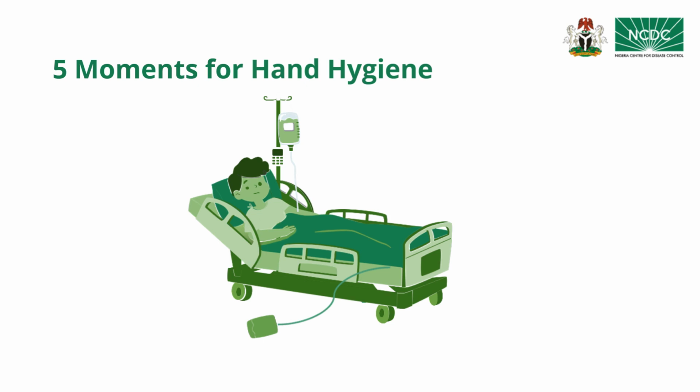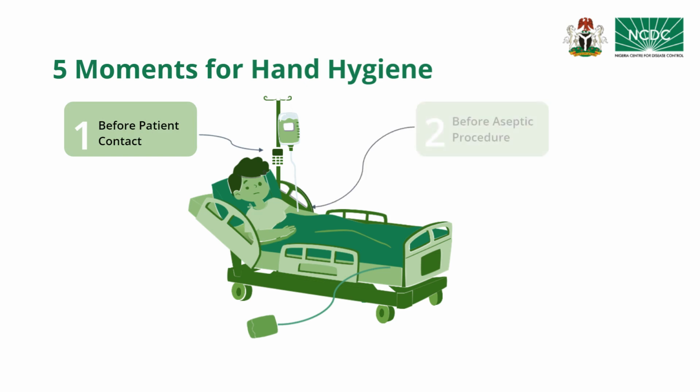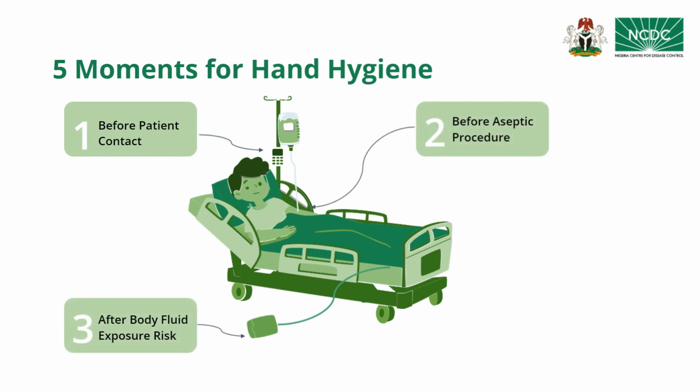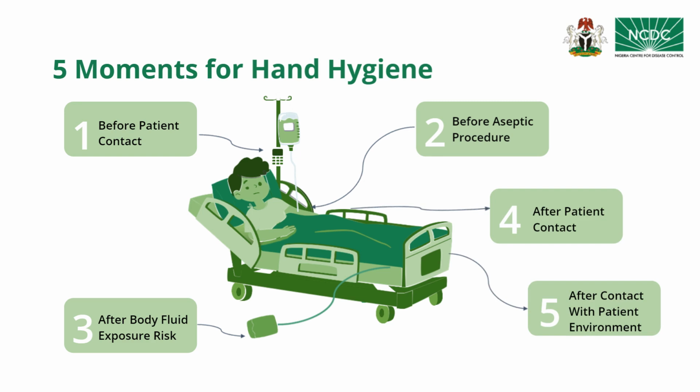The moments include before patient contact, before aseptic procedure, after body fluid exposure risk, after patient contact, and after contact with patient environment. These 5 moments will be discussed in more detail later. But first, let's look at how to properly wash and disinfect the hands.